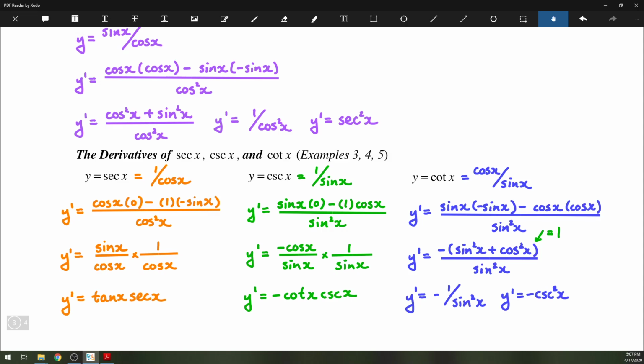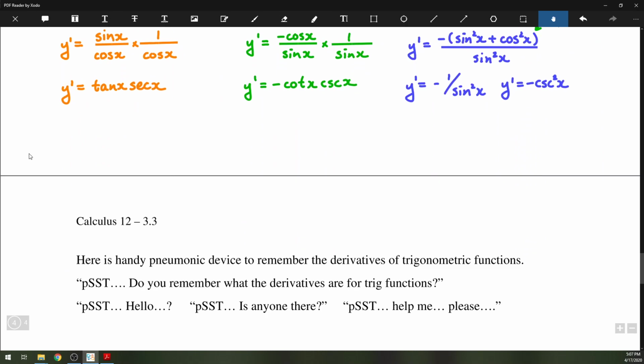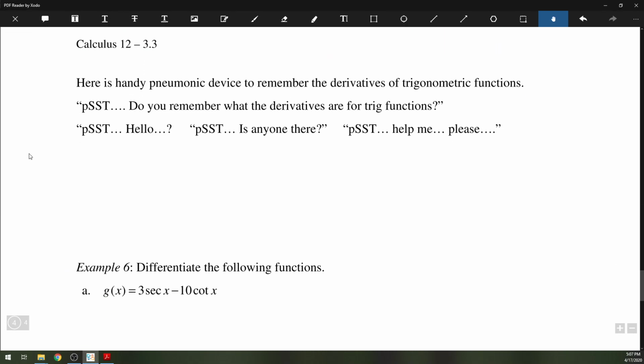So that's a lot to remember. And luckily for us, there's a nice mnemonic device for remembering these derivatives. So it's PSST. And how's that work?